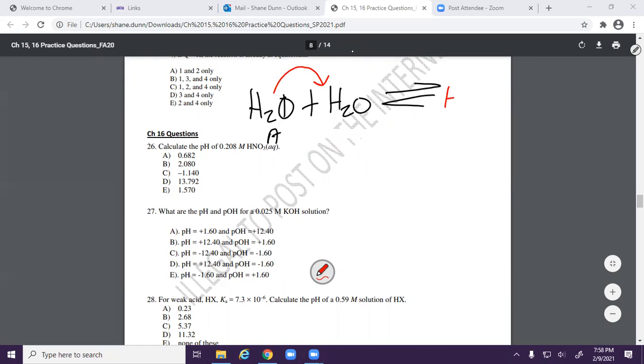You'll get H3O plus, and you also get OH negative, right? OH means base. An extra hydrogen means an acid. So the guy who donated his hydrogen is an acid. The guy who accepts the hydrogen is basic. Does that make sense?